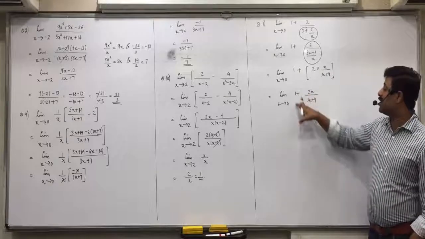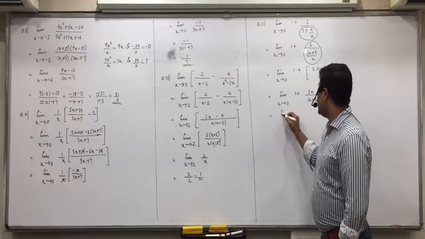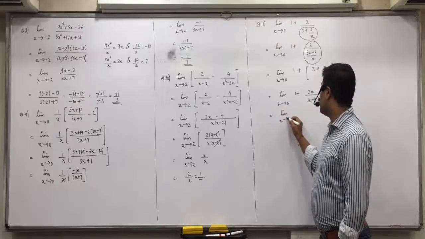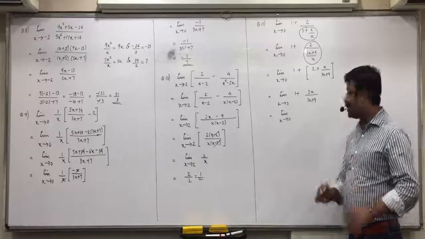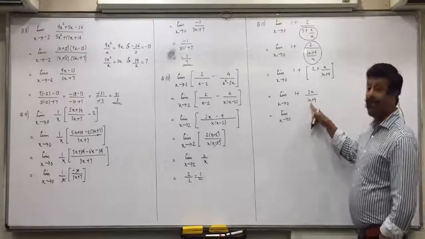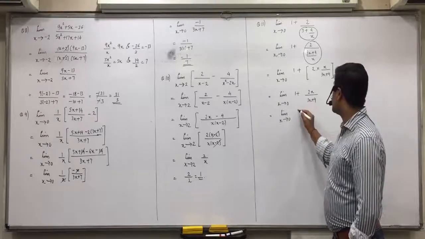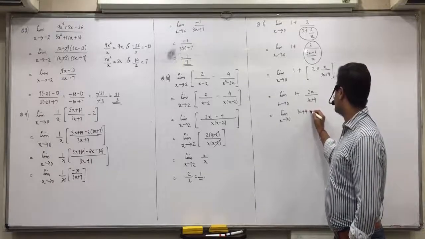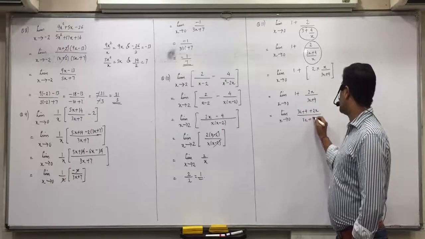Now we'll simplify this whole by doing the LCM. So limit x tends to 0, and x tends to 0 means we should get x in common. X minus 0, that is x. Now 1 will be multiplied with 3x plus 4, cross multiply. So 1 into 3x plus 4, 3x plus 4 plus 2x upon 3x plus 4.